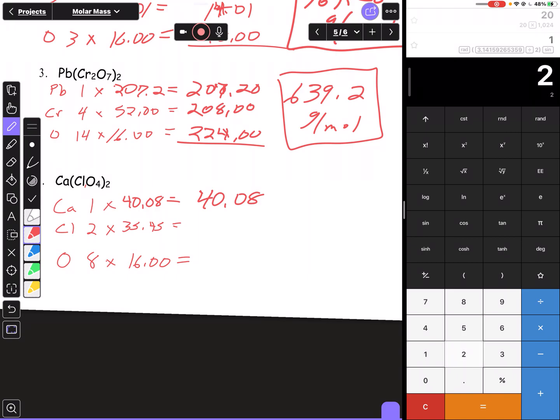And then I do 2 times 35.45 gives me 70.9, 70.90. And then 16 times 8 is 128.00. So I'm going to 2 decimal places. And like in the example up above, I should have said 639.20.